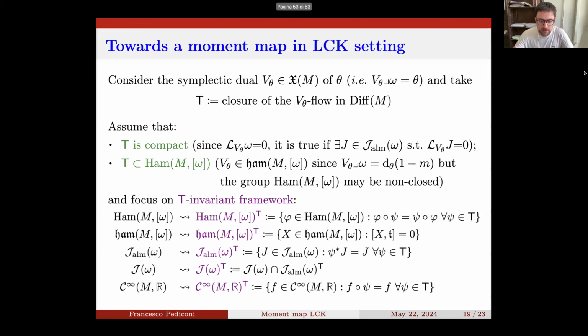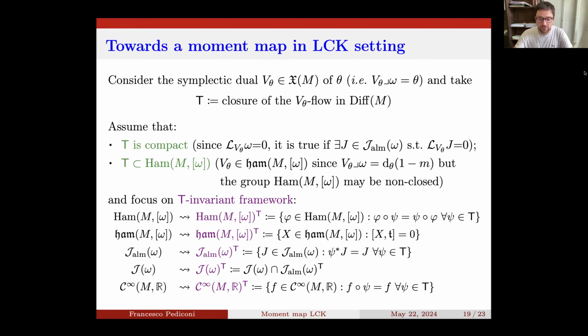Okay. So once you have this torus action, you focus on the T-invariant framework. So what does it mean? It means that instead of considering all the compatible complex structures, you just look at those compatible complex structures that are invariant by the action of the torus.